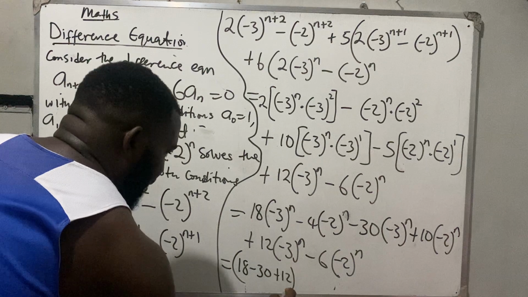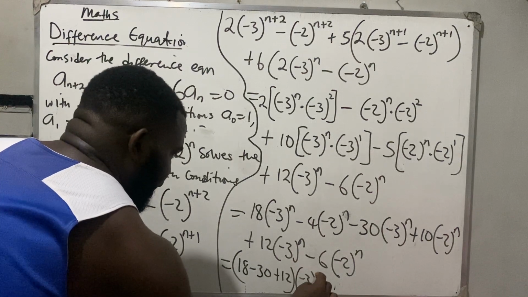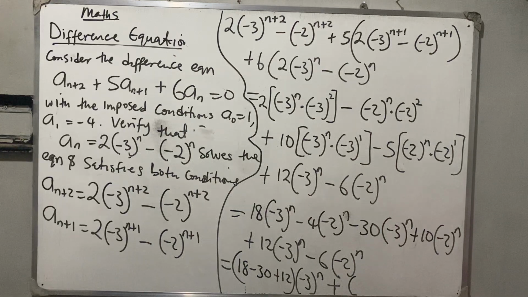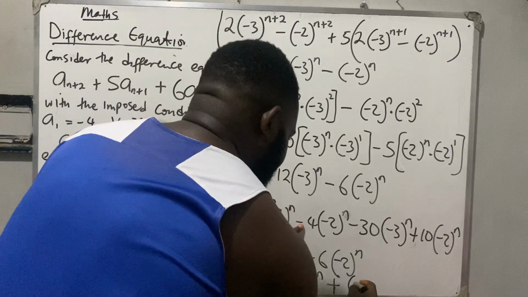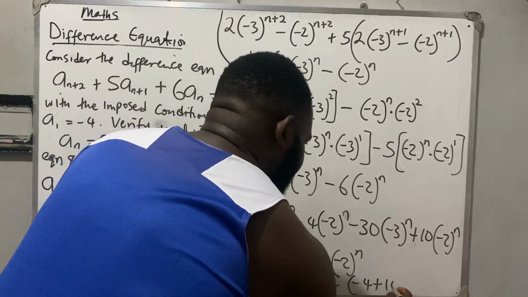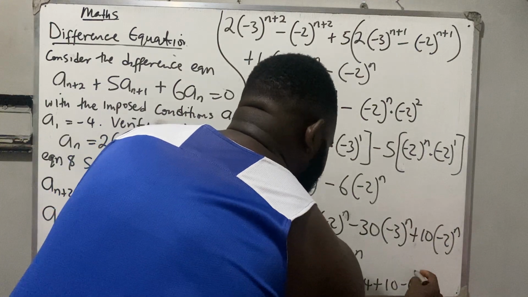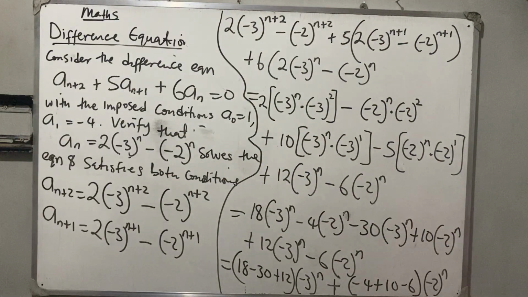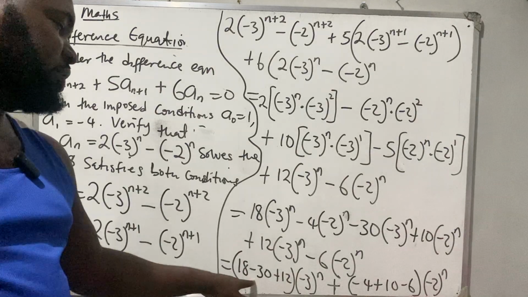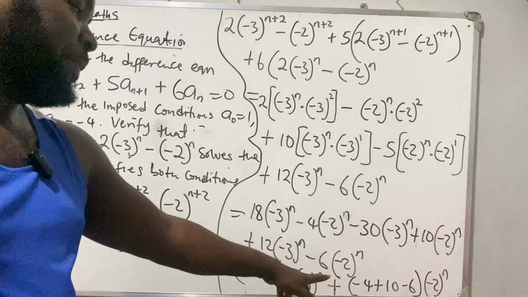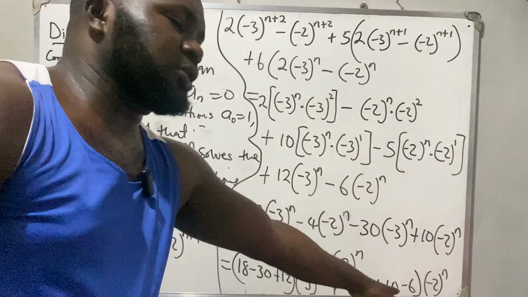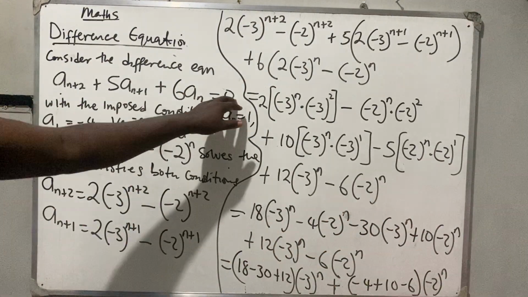All of them have minus 3 raised to power n in common. Plus, let me bring out those that have minus 2 in common. So I have minus 4 here, plus 10 here, then minus 6, and all of them have minus 2 raised to power n in common. Now, if you look at it, if you add everything here it is 0. 0 times anything is 0. Plus, if you add everything here it is 0. 0 times anything is 0. So 0 plus 0 is 0, which is exactly the right hand side.